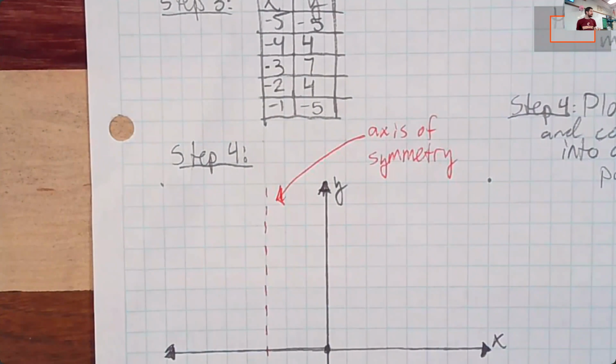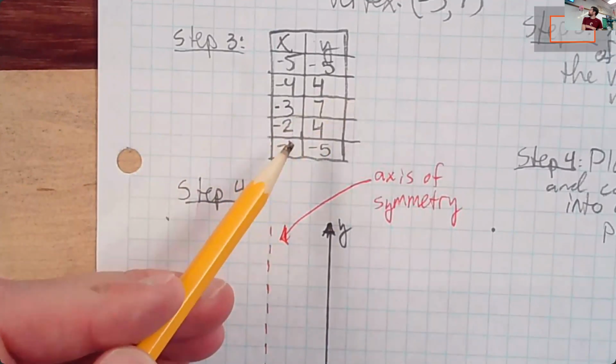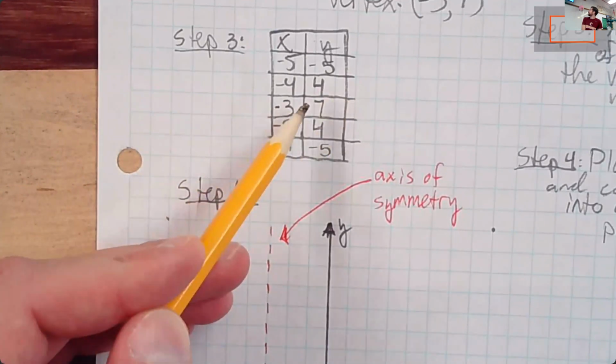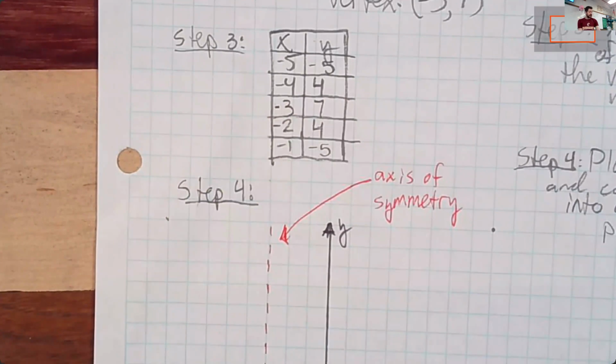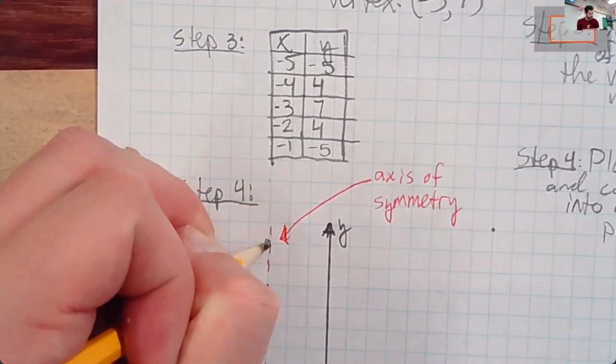Now we can go ahead and put the vertex on here. And we have the vertex in the middle of the graph, and that's the point -3, 7. So the vertex is always on the axis of symmetry. So from the red dotted line, we're just going to count up 7 spots. So 1, 2, 3, 4, 5, 6, 7.